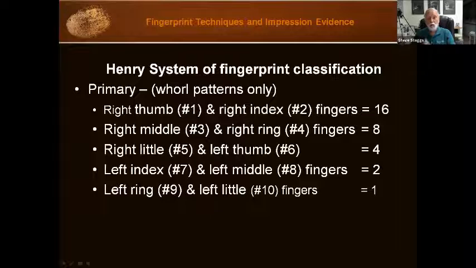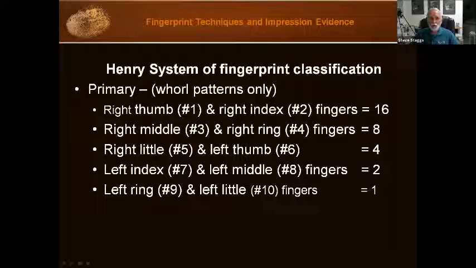Now we can do our primary classification. And the primary is involved with the whorl patterns only. The primary is a fraction-like number, which expresses a whorl pattern combination in the 10 fingers appearing on the fingerprint card.